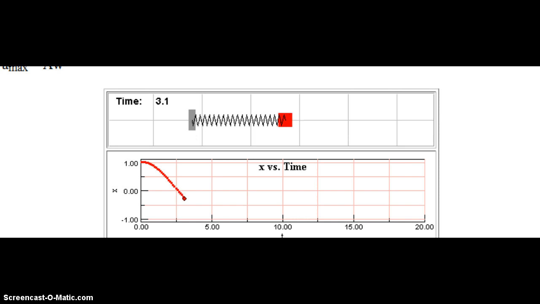Now it's all the way to the left, and the x value hits -1. Now the spring goes all the way back to the middle line, and the x value is 0 again, and the spring goes all the way to the right, and the x value is 1. And we go back again.